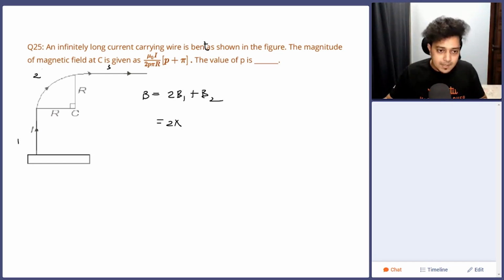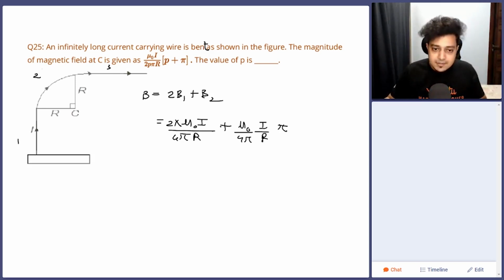So magnetic field by part 1, it's a semi-infinitely long rod, so mu naught I upon 4 pi d. D here is the perpendicular distance, which is r. And now for the arc, it is mu naught upon 4 pi, I by r into theta, but in radians. Here it is 90 degree, so pi by 2. Now if I equate it to the given equation, we will take mu naught common, I common, and whatever else we can take.